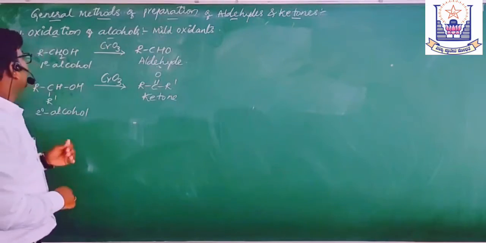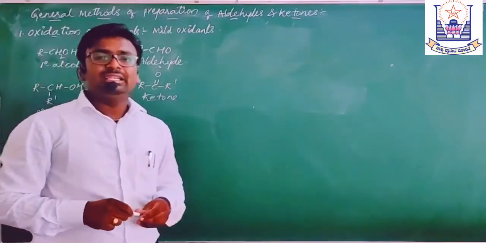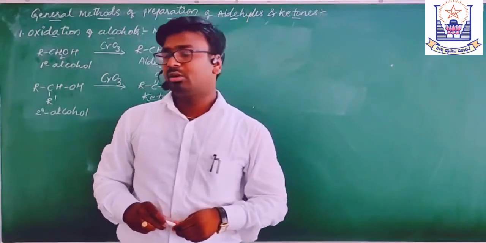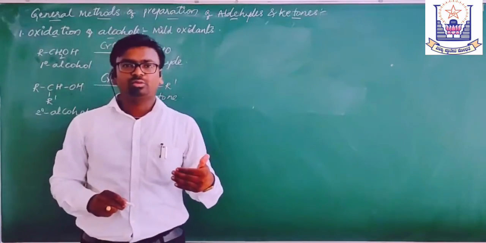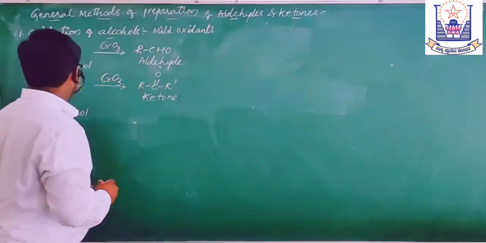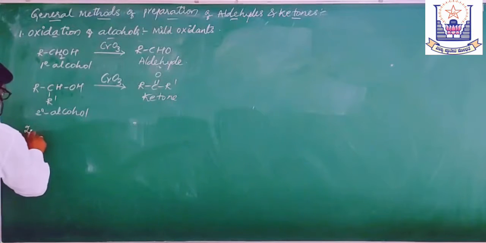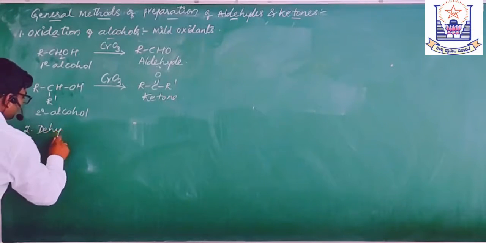Next we shall see the dehydrogenation of alcohols. By this method also we will get aldehydes and ketones. What is the second method? Dehydrogenation.